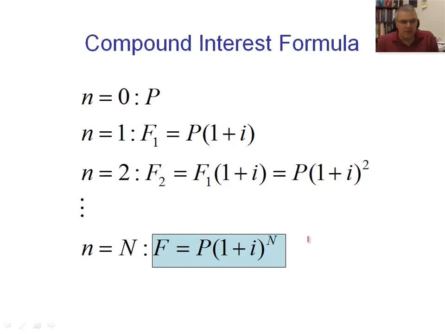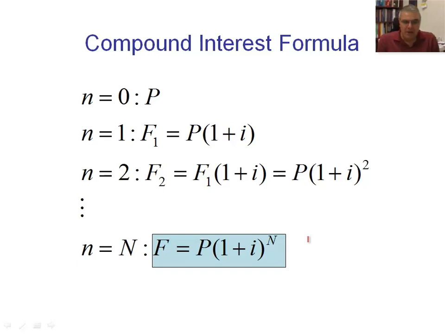So the compound interest formula is perhaps the most important formula when you are dealing with finances and interest rates, when you're buying a car, a refrigerator, or a house, every time you borrow or lend money. This is the formula that's used, and you would learn in this class how it can be manipulated using different values of n with the same interest rate.